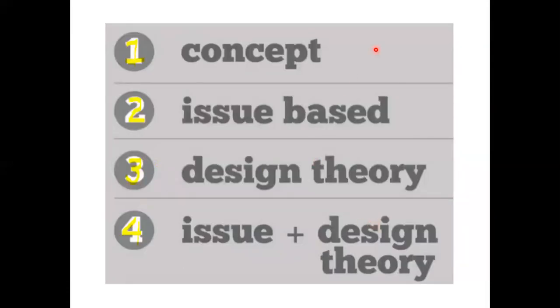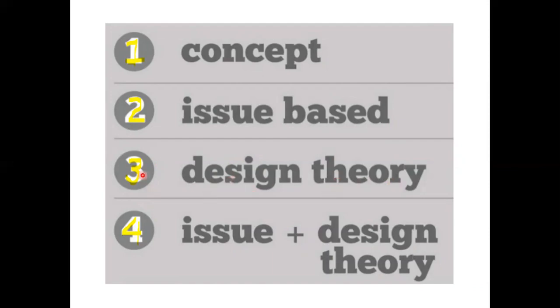So according to approaches, we have four approaches in the architectural design process. The first one is the conceptual approach to resolve any problem. The second one is the issue-based approach for resolving the problem. Then to provide the solution of any particular issue in any project, we sometimes use design theories.